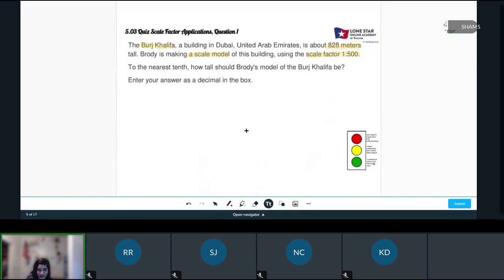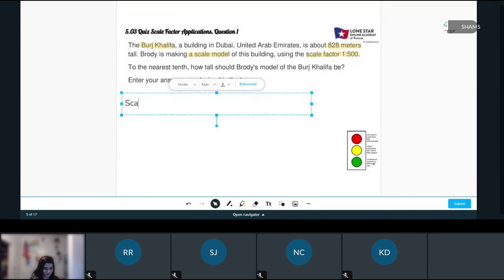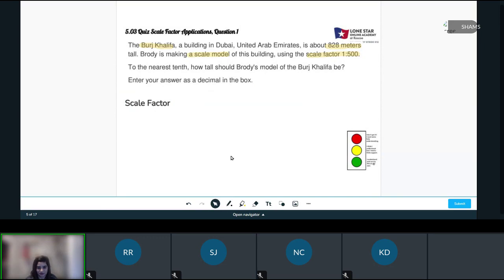So let's see how we express the scale factor. And we will say in this particular question, the scale factor is 1 ratio 500. Let me see and fix this one.